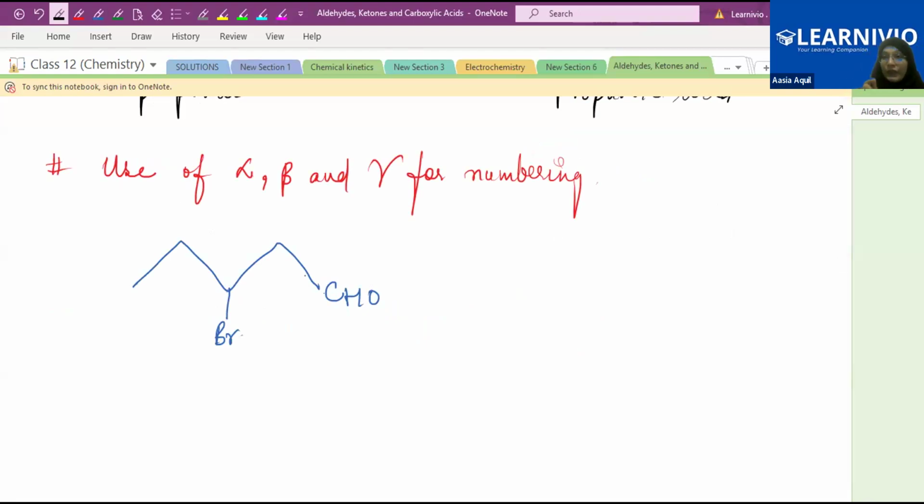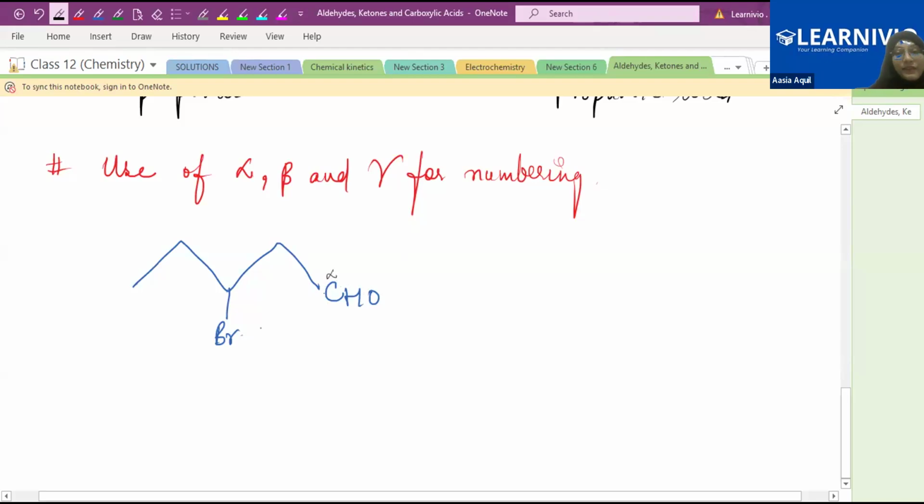So what are alpha carbons? The carbon to which the functional group is attached. Any functional group attached to a carbon, that carbon is known as the alpha carbon. Suppose if OH group was attached to this carbon, then this was an alpha carbon. But this is a CHO group, so you will not tell me that this carbon is alpha carbon.